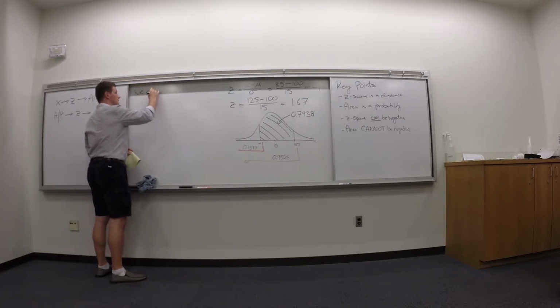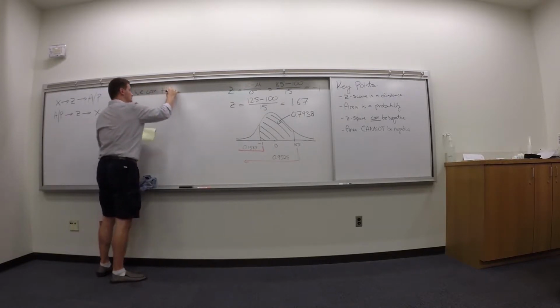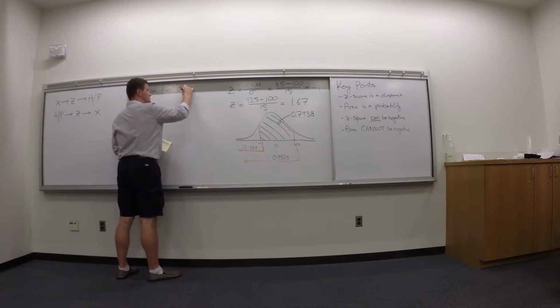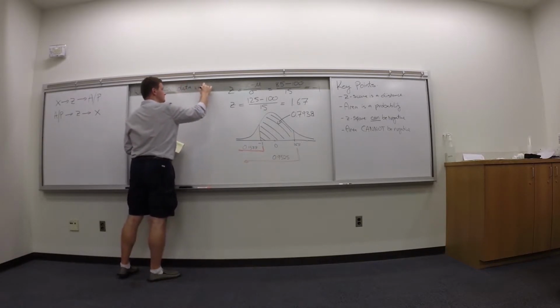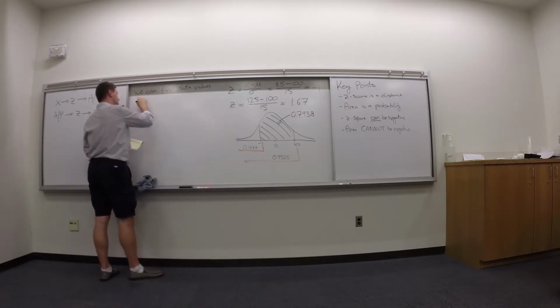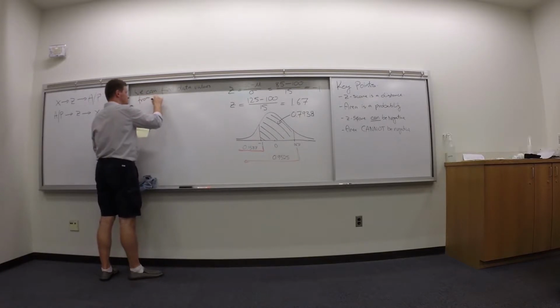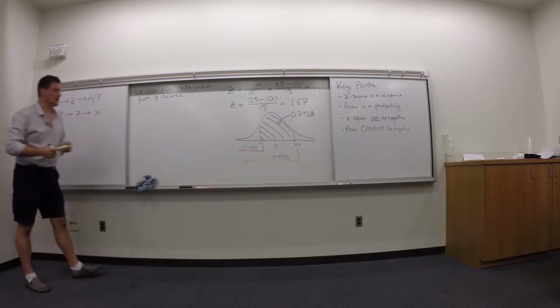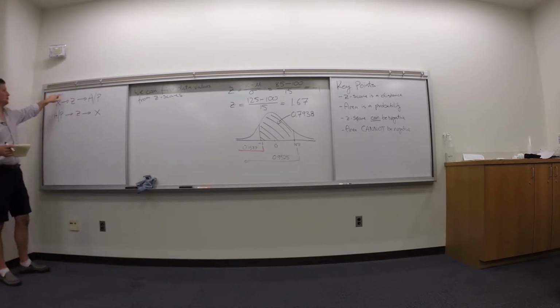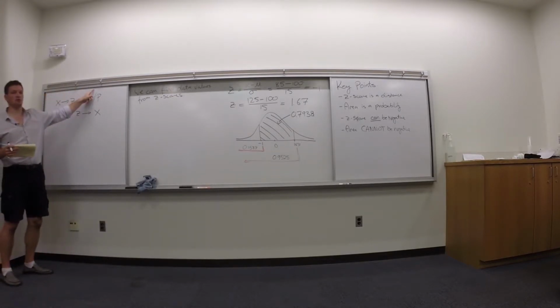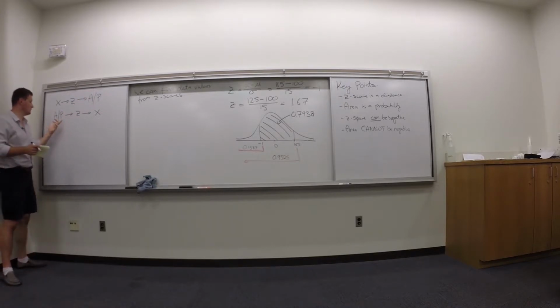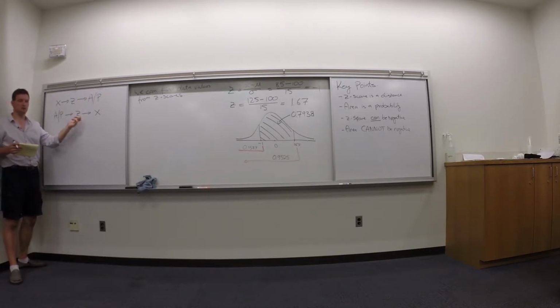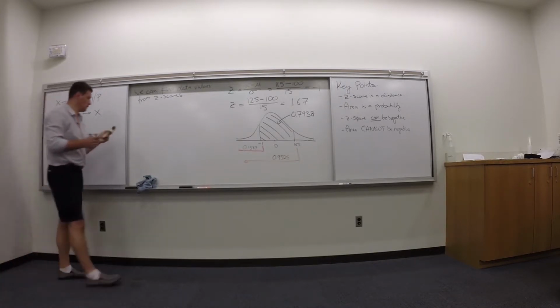We can find data values from z-scores. Right? We got value to z-score to probability, right? And so far we did probability into a z-score, but we can find an actual value. Well, how do we do that?